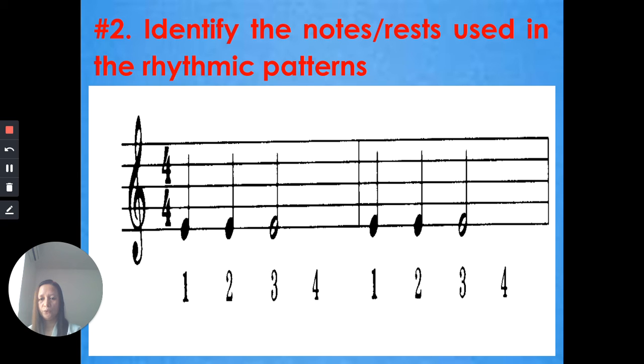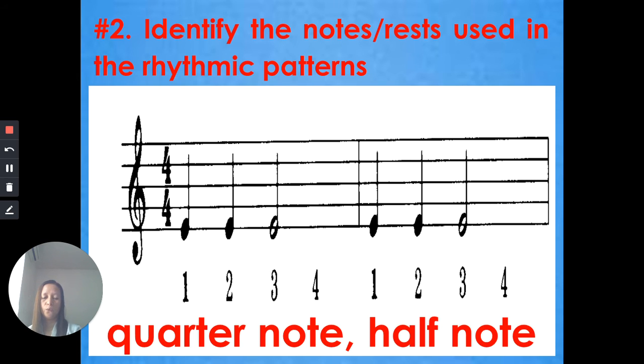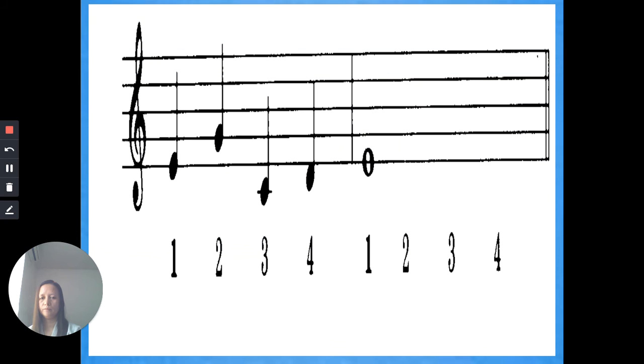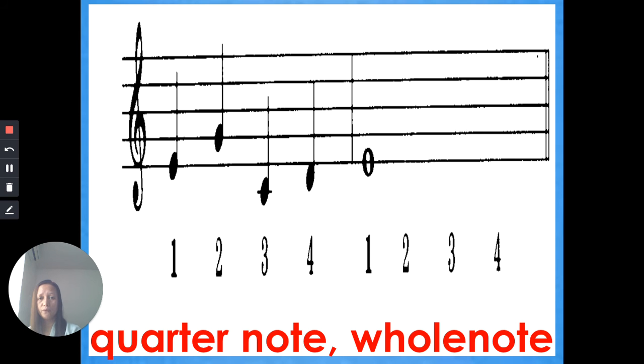Okay, let us show your answer. Quarter note and half note. Next. What is the answer? Quarter note and whole note.